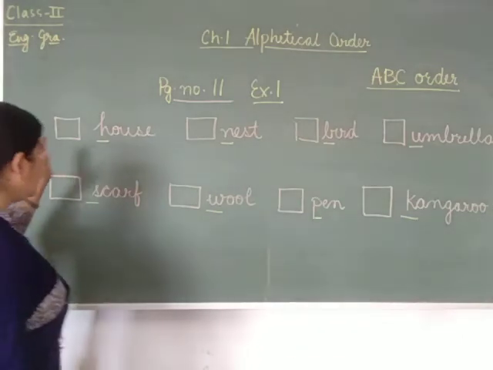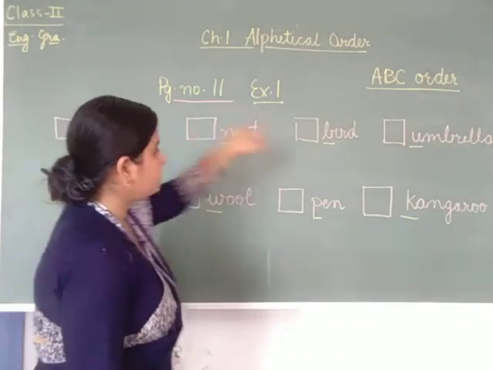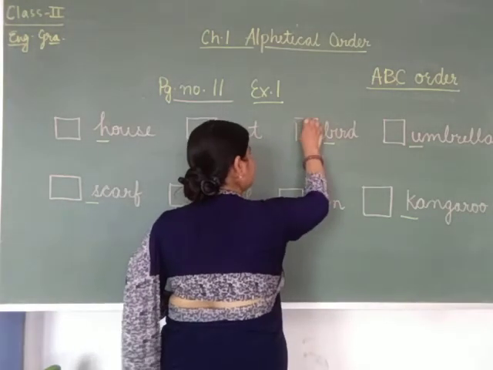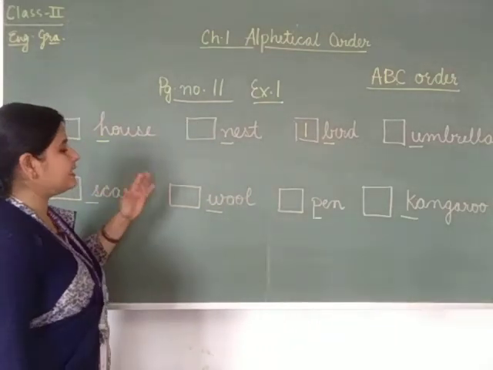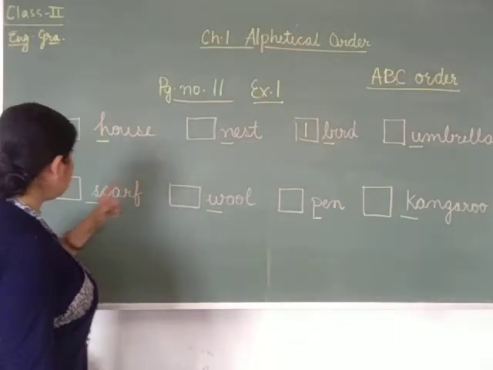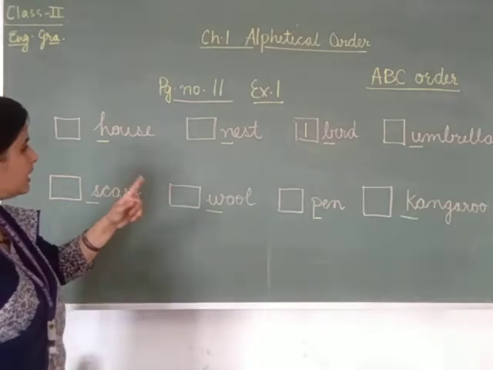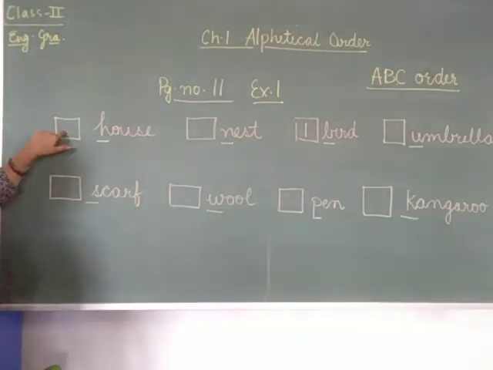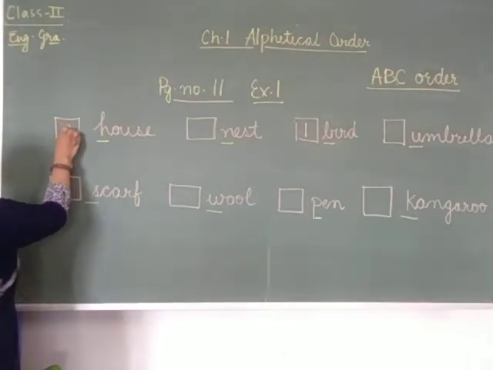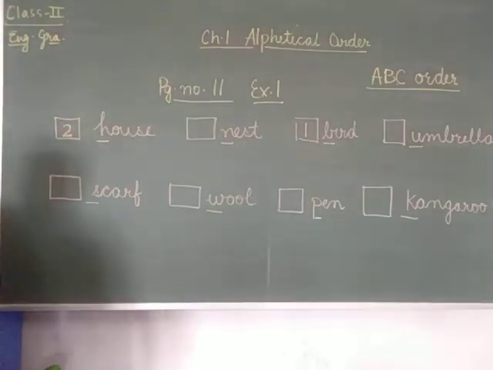Now A, B. B for bird is the first word of alphabetical order. After B what comes? B, C, E, F, G, H. H is the second word in alphabetical order.